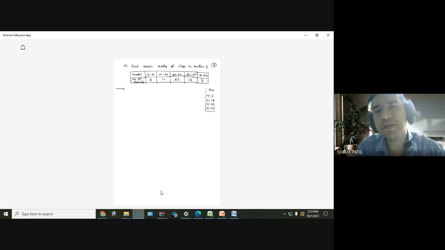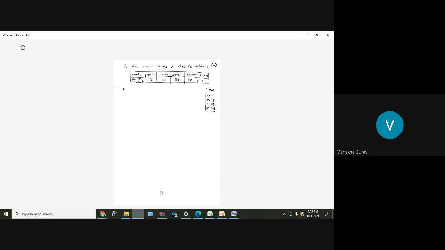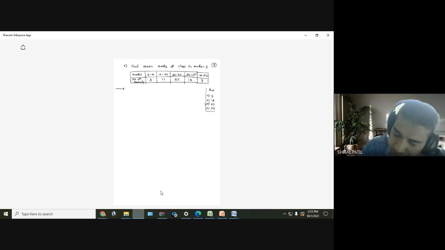Which may be the correct option? Not exact. I'm saying mean marks will be near to what? A, B, C, or D. Anyone? 23. Very good. We'll check whether it is correct or not.